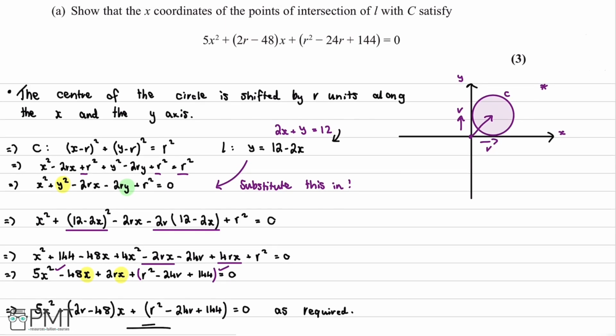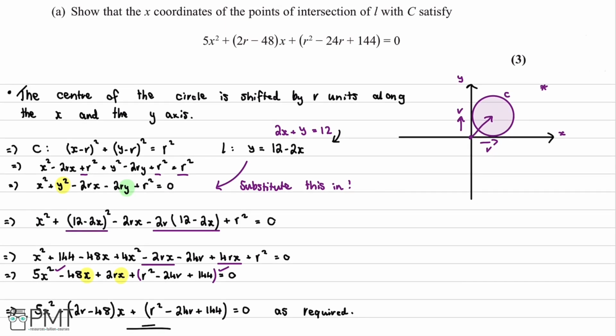So we pick up our first of 3 marks for deducing the correct equation of the circle. So that was when we knew to shift the circle by r units along the x and y axis, which gave us the center of the circle. So we pick up our first mark here when we got the correct equation of the circle.